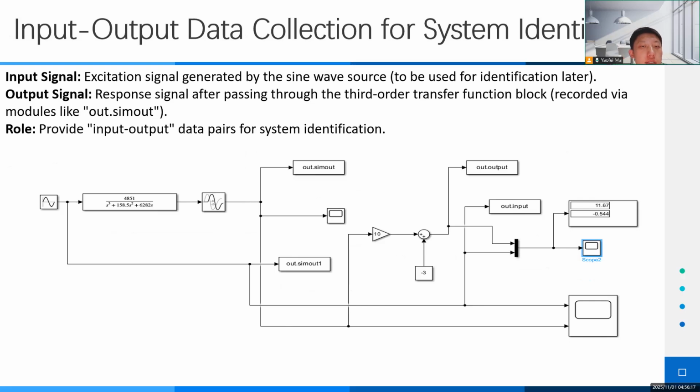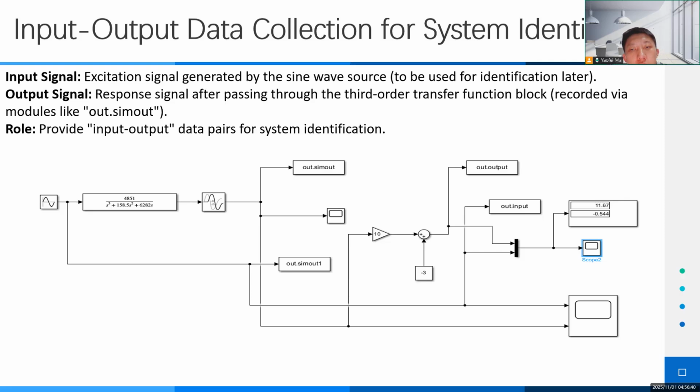Data collection is a key step for system identification. We need two types of signals. Input signal. This is the excitation signal from the sine wave source.